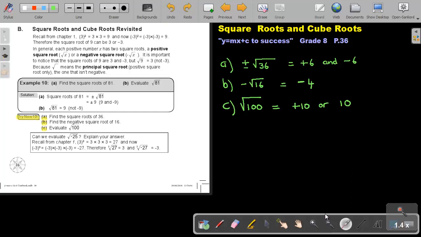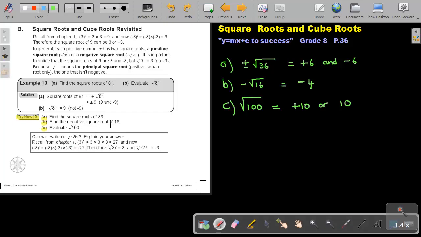I want you just to take note of the final one. Can we evaluate it? Look, the negative is not outside but inside. It's best to press it on your calculator. If you press it on your calculator, you're going to get an error. Now, why is that? The reason why it cannot be inside is because if you take, say for example, 5, we know that the square root of 25 will be 5.